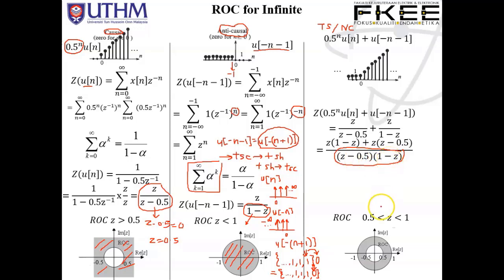So for example here, z larger than 0.5, this is the ROC, including the infinity. And then we have the ROC which is inside the circle with radius 1 here.